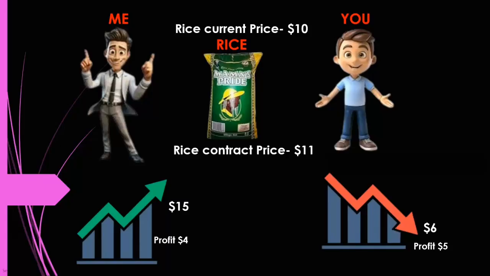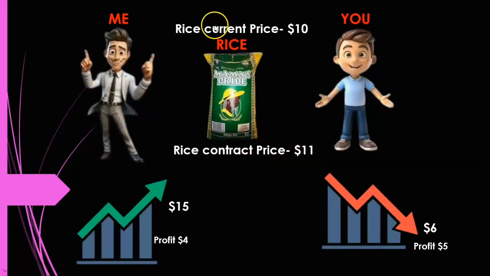Now me here, I am scared that the price of rice is going to be high. So I come to you and say, please, I want us to get into a contract whereby I will pay you $11.